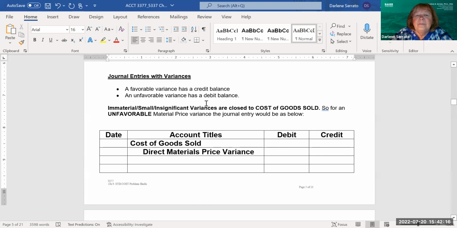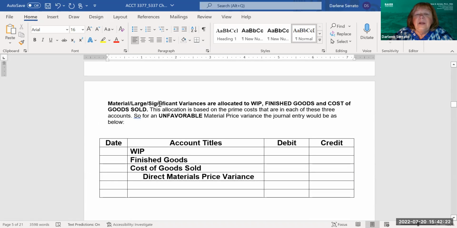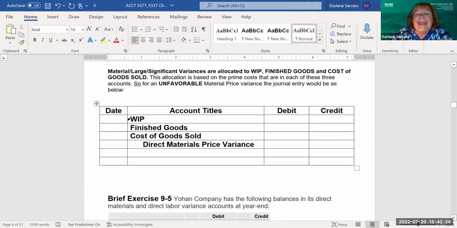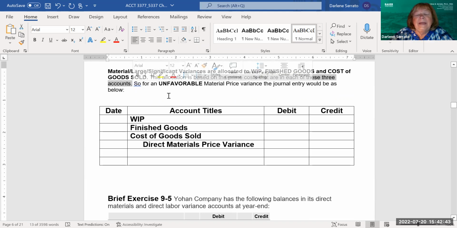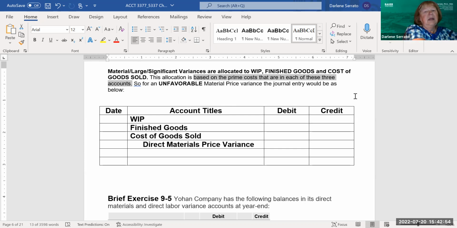If it is material, we're going to allocate it to work in process, finished goods, and cost of goods sold based on the prime costs that are in each of these three accounts. Prime cost is direct materials plus direct labor. So you're going to do the allocation based on those costs.